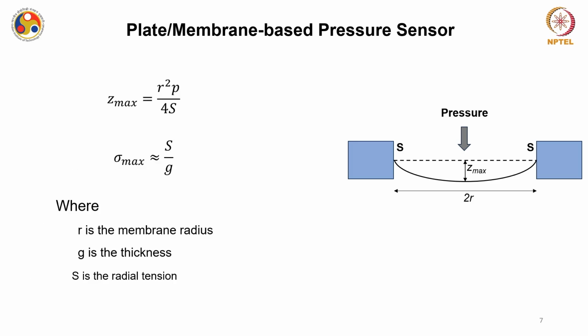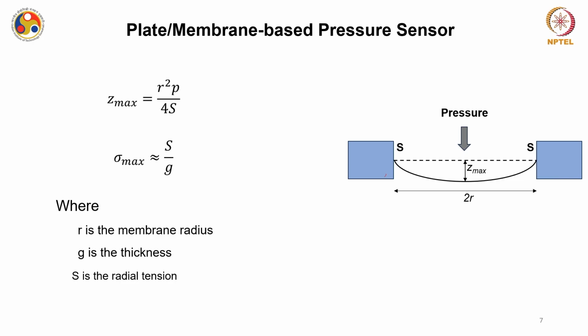The exact mathematical equation between Z max and the pressure is Z max equal to R square into P by 4S, where S is the applied tension, when it is hinged at two points.